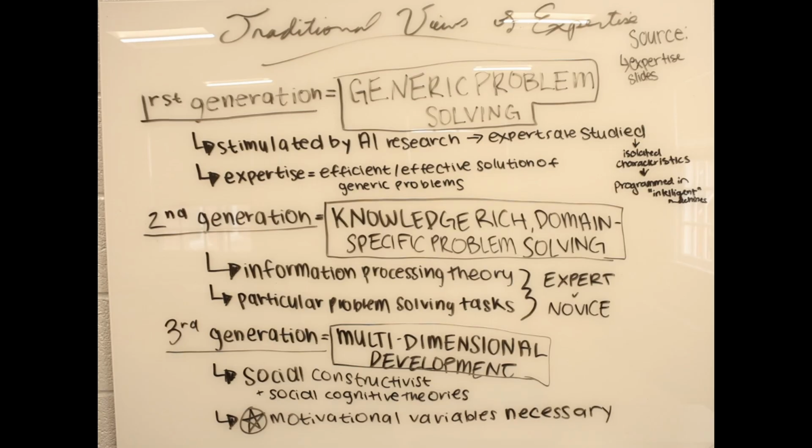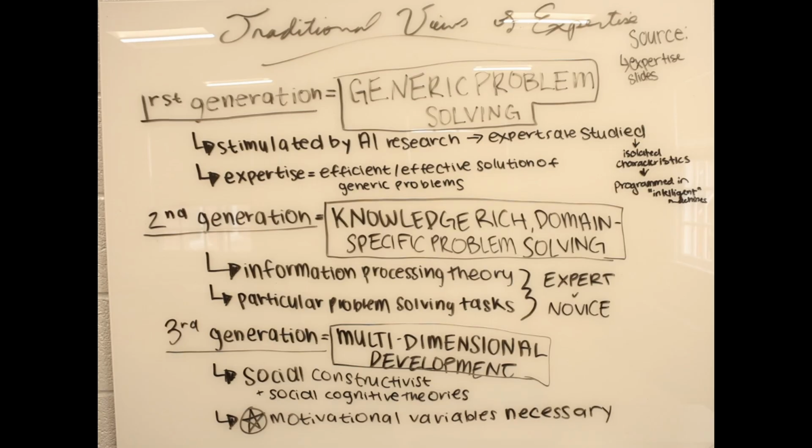But then the second generation, in relation to AI, you can think about it in terms of the application of those facts in a more sophisticated manner. So you had more complex computers that did more complex pattern finding, that sort of thing. And then that helped inform our ideas about experts versus novices, and it gets a little more complex there, more situational, domain specific.